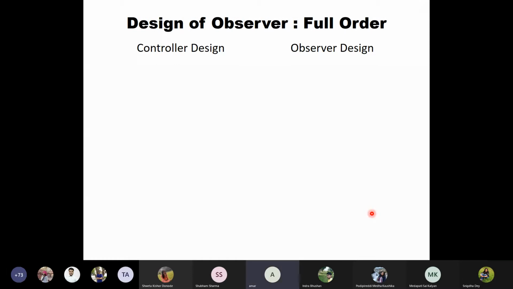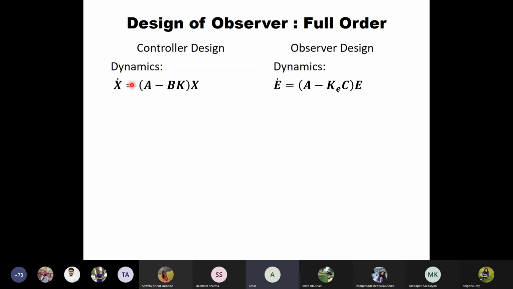Now, for designing of the observer, let us compare it with our state feedback controller design. In state feedback controller design, the dynamics are x dot is equal to (A minus BK)x, whereas the dynamics in the observer are e dot is equal to (A minus KeC)e.